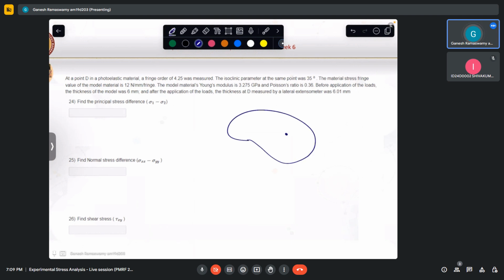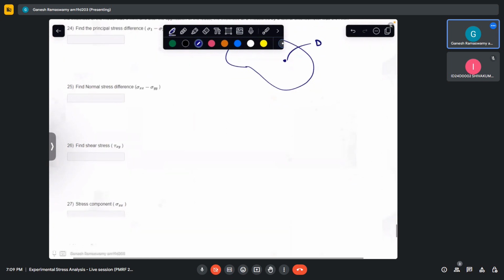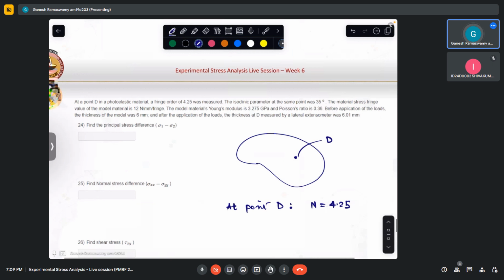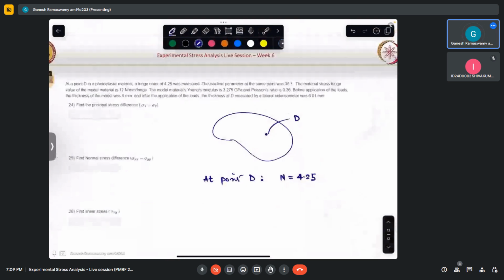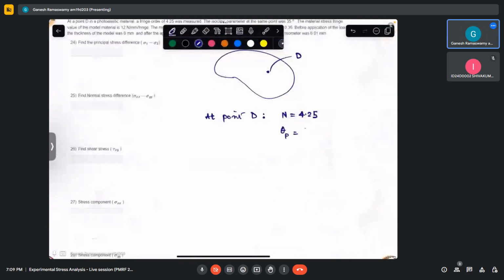At some point D, the fringe order is found to be 4.25, measured at D. Okay. The isoclinic parameter at the same point is 35 degrees. So theta P is basically 35 degrees at that point.